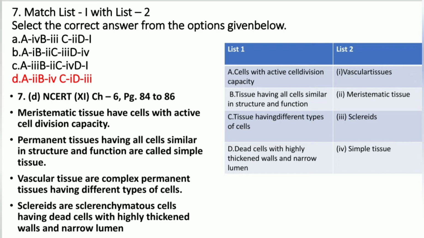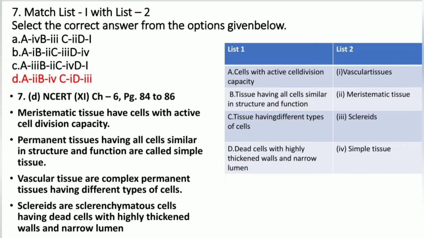7. Also here you have to match list 1 and list 2. So let's begin. A. Cell with active cell division capacity. This type of cells are known as meristematic tissue which is present at tip of root and shoot. B. Tissue having all cells similar in structure and function. Such type of tissue is known as simple tissue.